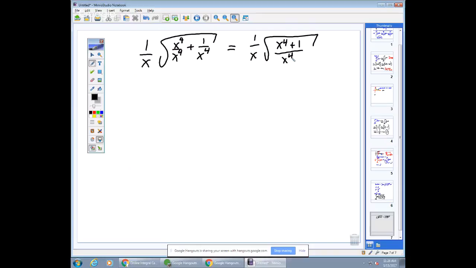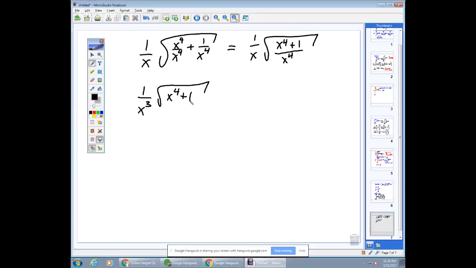Does that help at all? Maybe, maybe not. I can take the square root of x to the fourth. That's going to come out as x squared. So that'll be 1 over x cubed times the square root of x to the fourth plus 1.